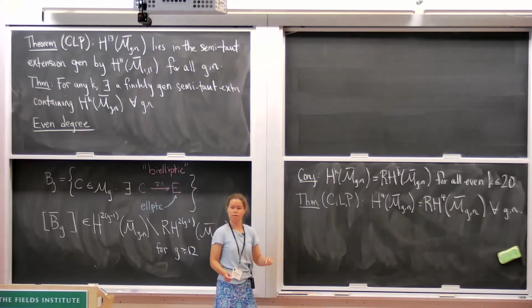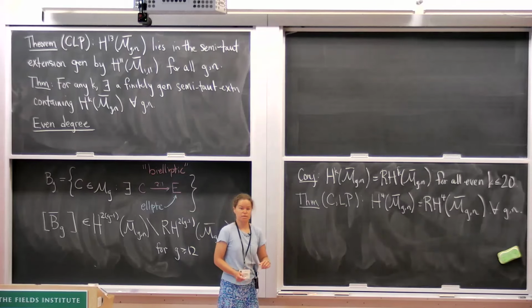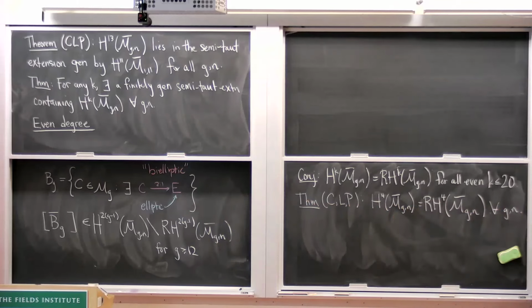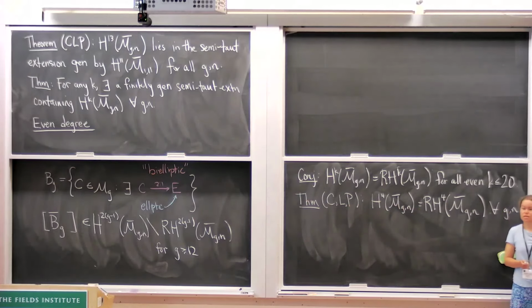Oh, yeah? Yes. So the techniques for Bergström, Faber, and Payne are very similar to Arbarello and Cornalba. It's this sort of inductive procedure, and the real new contribution there was understanding some new base cases, particularly in genus 4 with low numbers of markings.